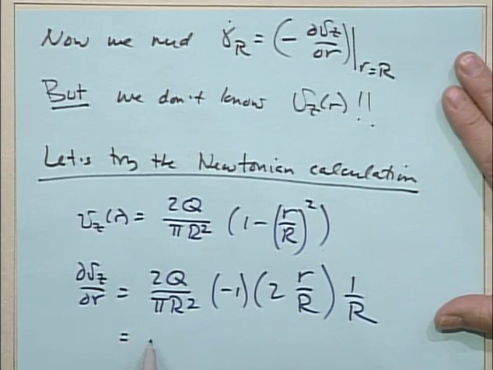So I get minus 4Q over pi R to the 4th times r.